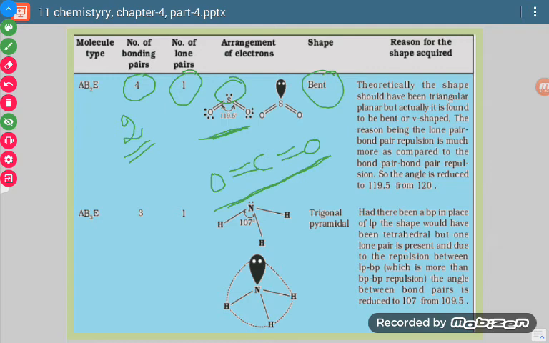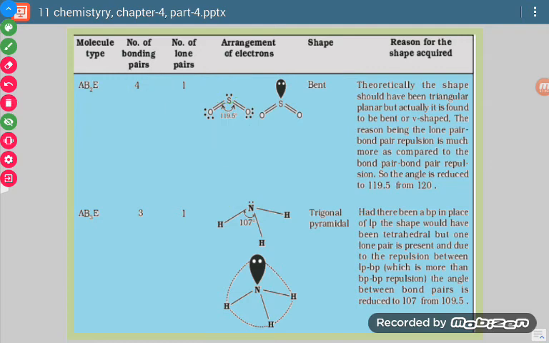Now if we talk about AB3E type, for example, we take the ammonia molecule. For ammonia, N is the central atom and there are 5 electrons around nitrogen. Out of those 5 electrons, one lone pair is there with nitrogen and 3 bond pairs are there.